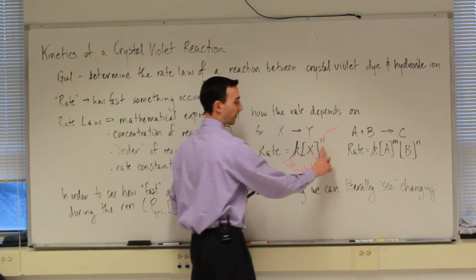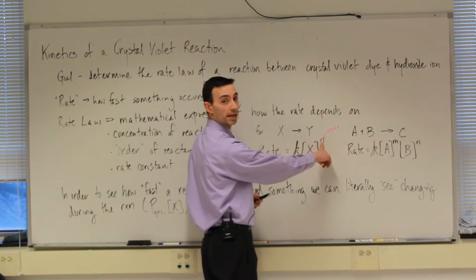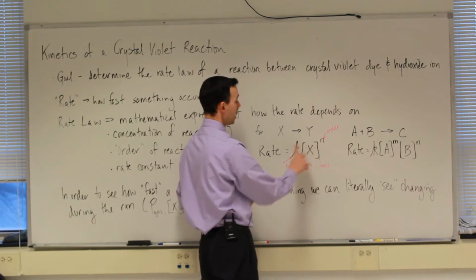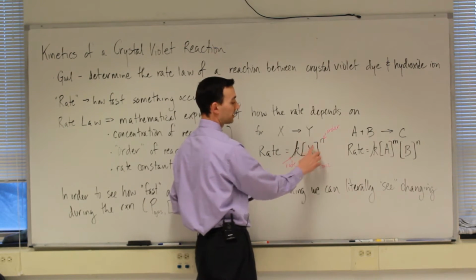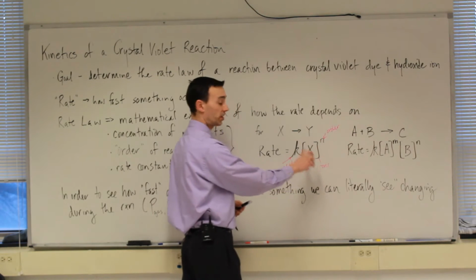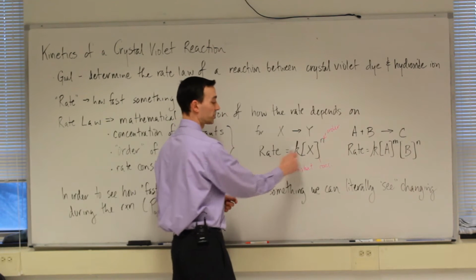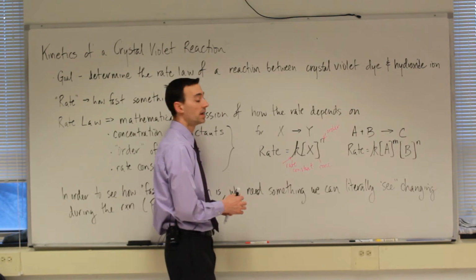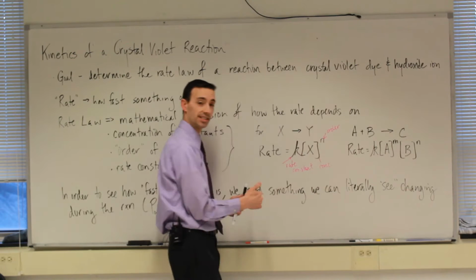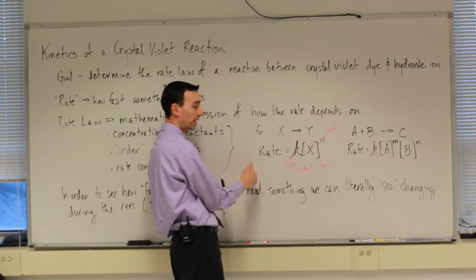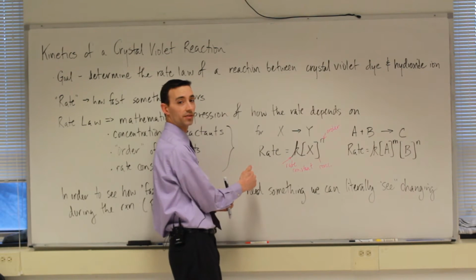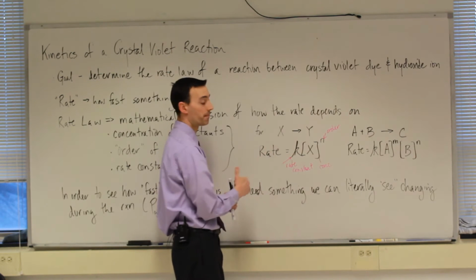When a reaction is first order, if you plug in 1 here for the exponent, rate equals the rate constant times the concentration. So that's now a direct linear relationship between the speed and the amount. And as the amount of reactants decreases, the speed of the reaction also decreases. It keeps pace with that.